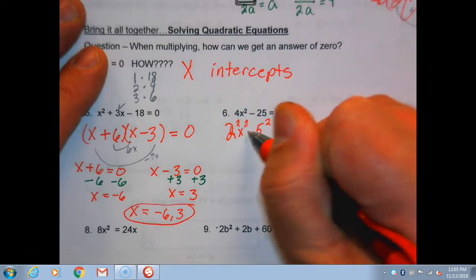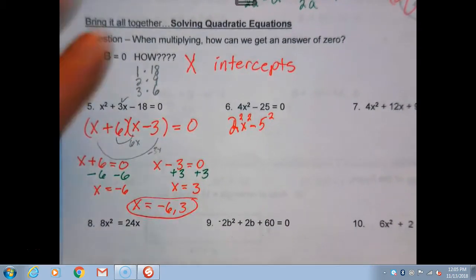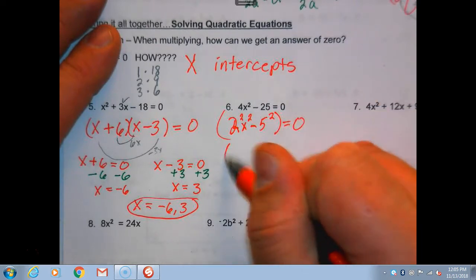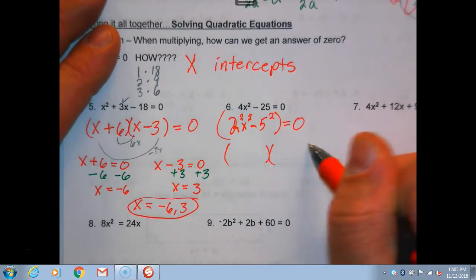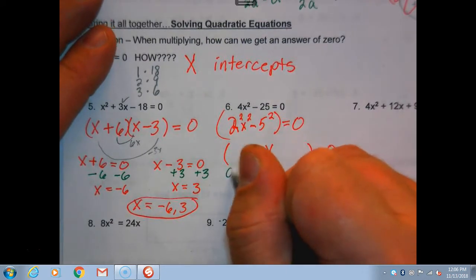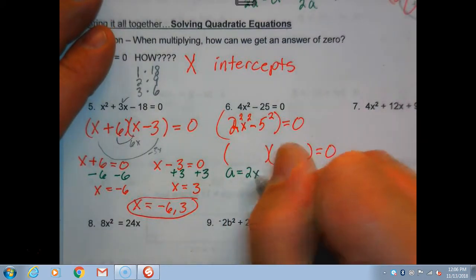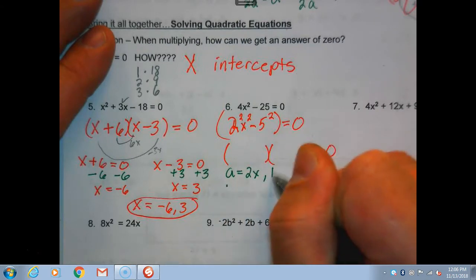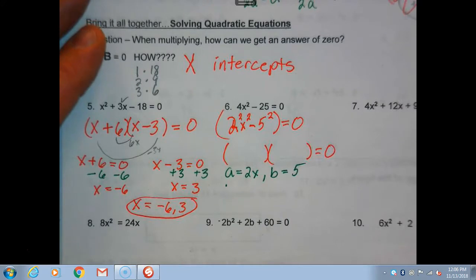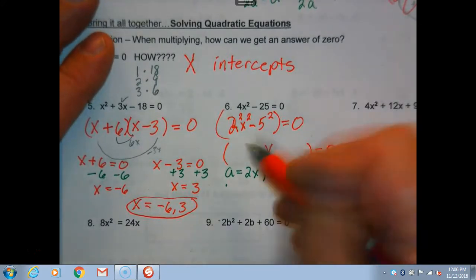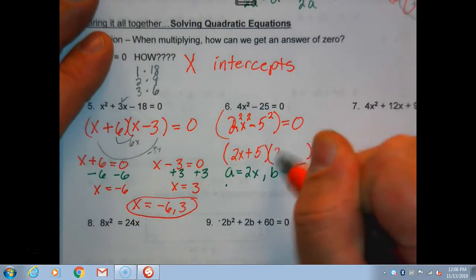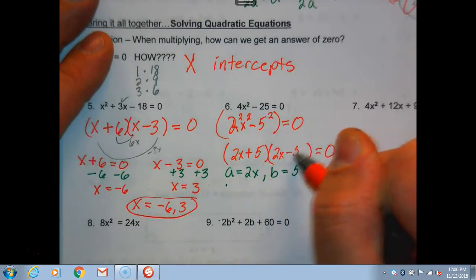And my x, right? Okay, what's my a? And what's my b? That's right, my a is the base 2x, and my b is the base 5. Yep. So I get 2x plus 5, 2x minus 5.